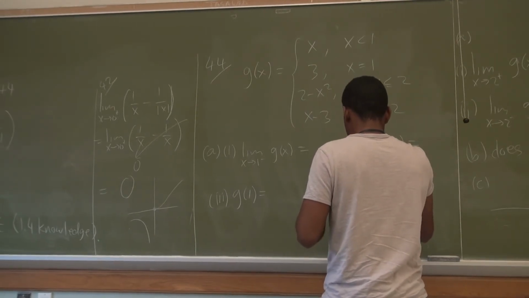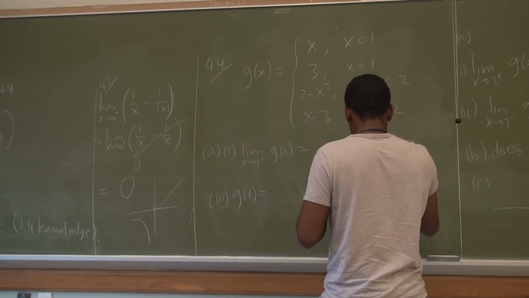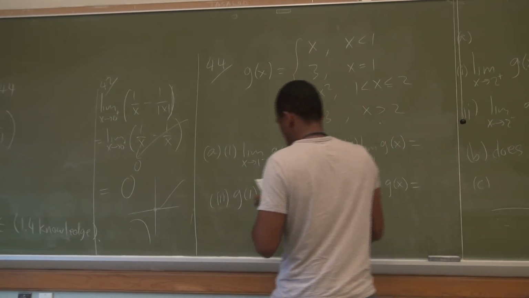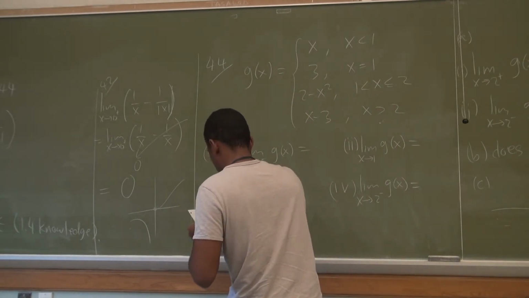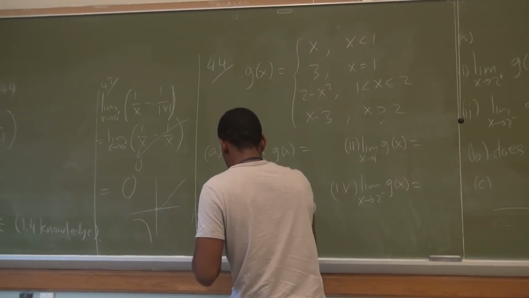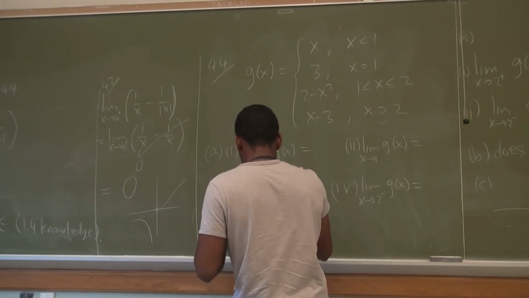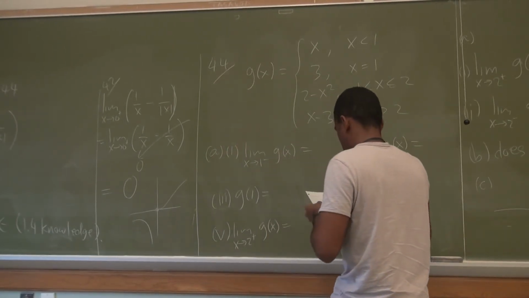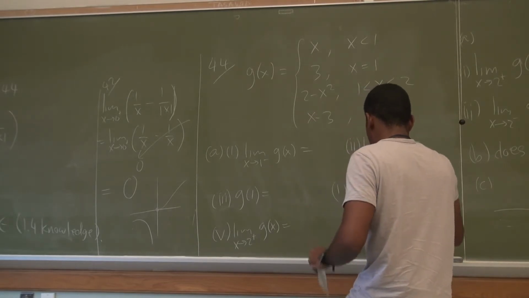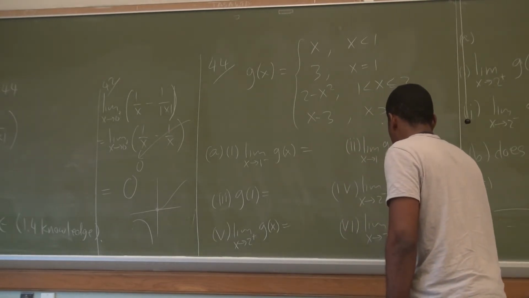Then there's x approaches 2 from the left. Then there's x approaches 2 from the right. Then there's x approaches 2.